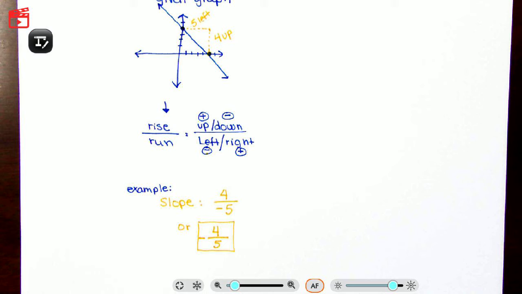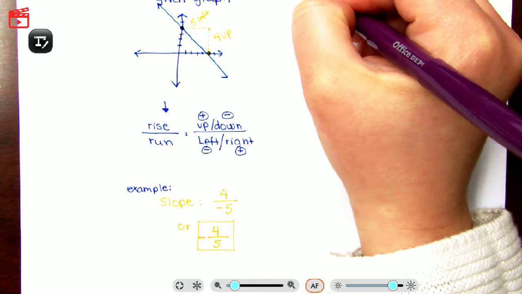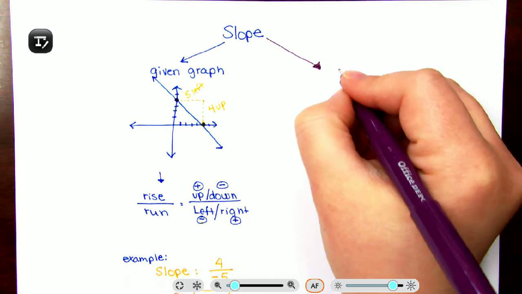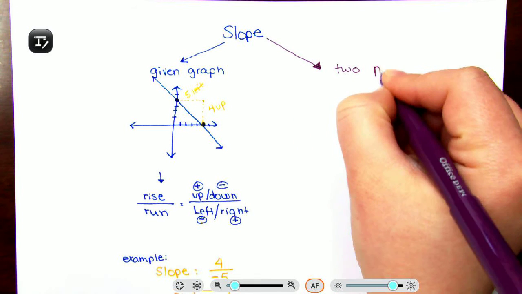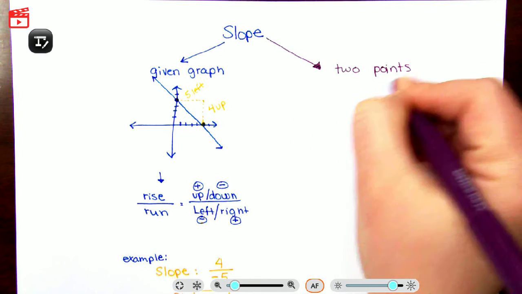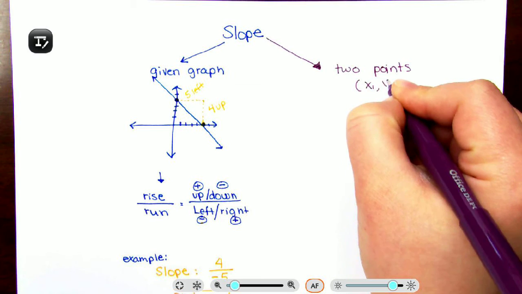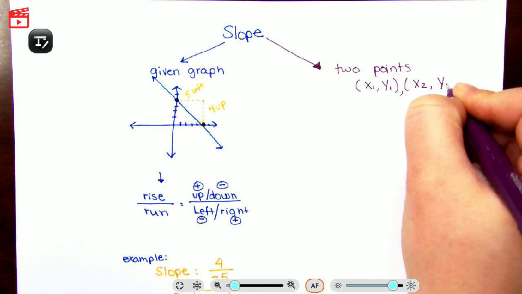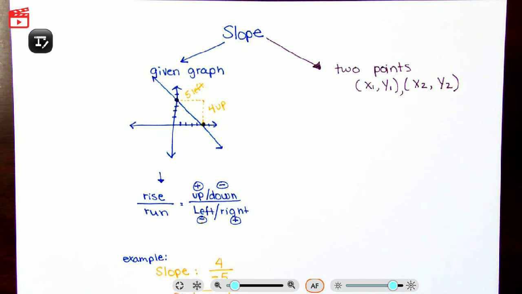Now we will not always provide the graph for you. Sometimes we only give you the points. So if you're trying to find the slope, but given to you are 2 points, for example, x1, y1, and x2, y2, you have these 2 points, and it's asking you to find the slope.